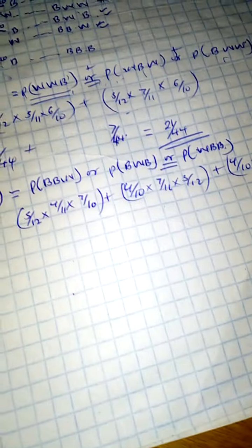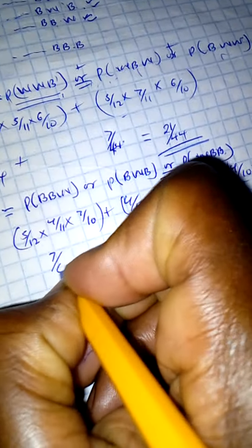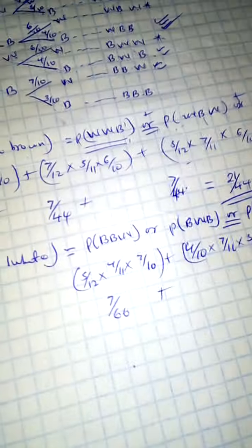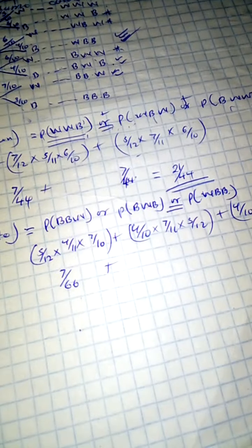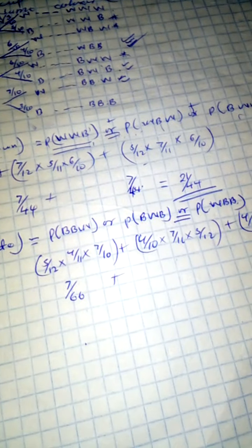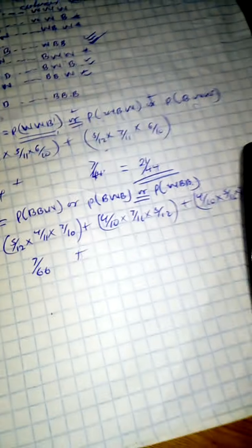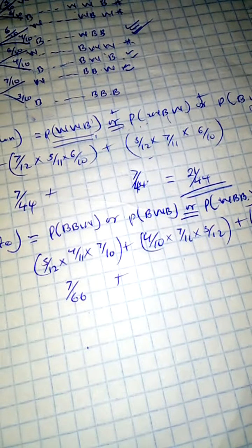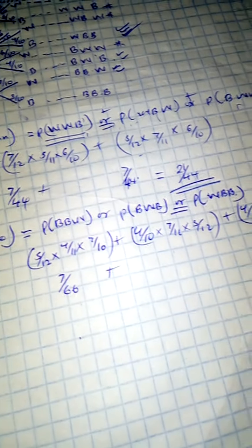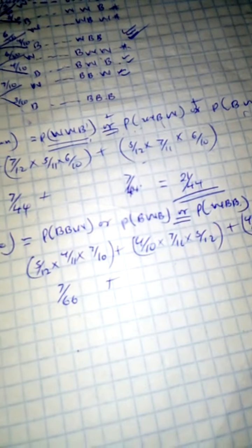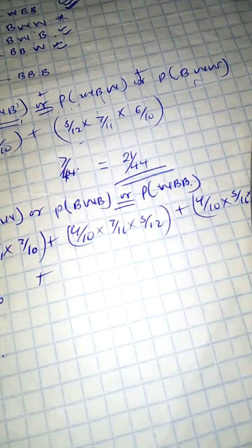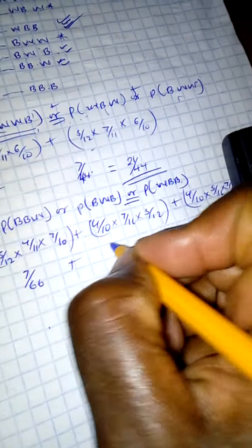That is 5 over 12 times 4 over 11 times 7 over 10. What's the answer there? 7 over 66, plus 4 over 10 times 7 over 11 times 5 over 12, 7 over 66 again.